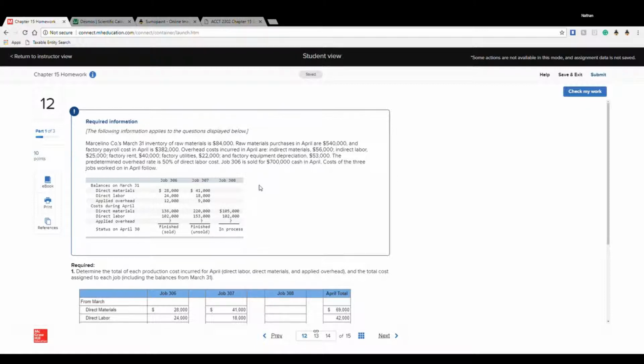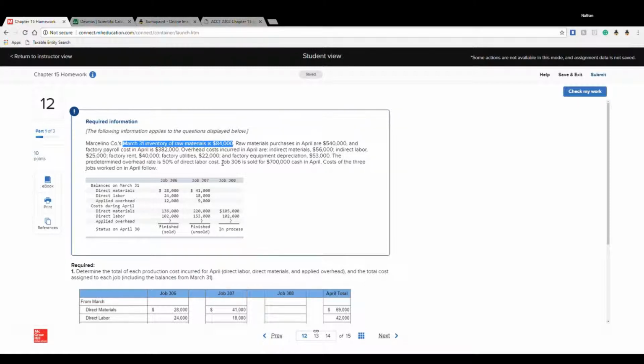But raw material purchased in April was 540,000, and payroll cost in April is 382,000. So already I can tell this is my beginning inventory for April. So you gotta watch out on that.